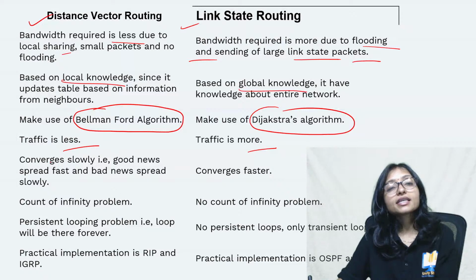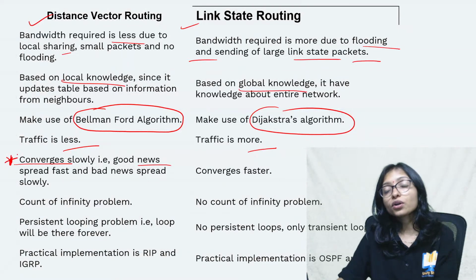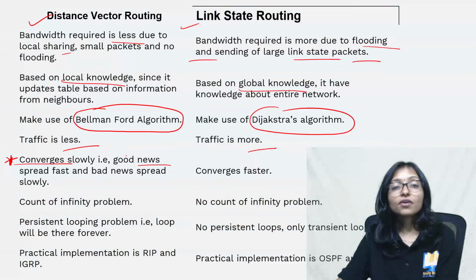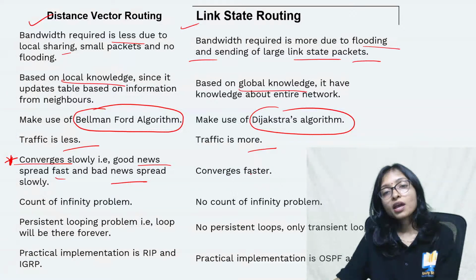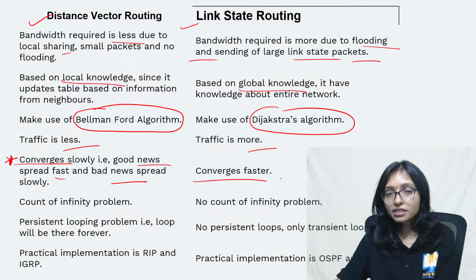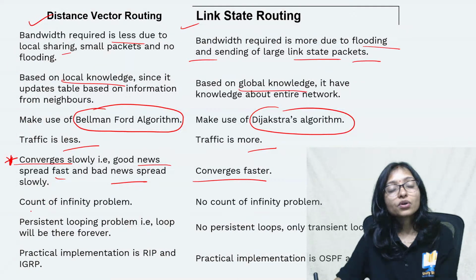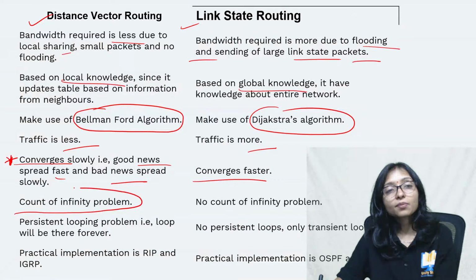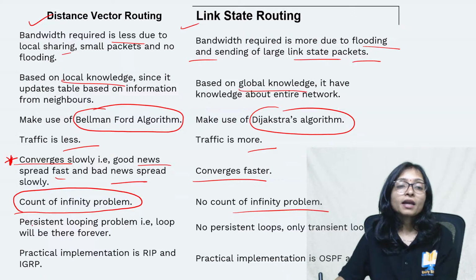And here you can see converge slowly on good news. This is a very important line for distance vector: converge slowly on the good news and spread fast the bad news. And here it converges faster. Here the count to infinity problem is a big problem of distance vector, but there is no count to infinity problem here.